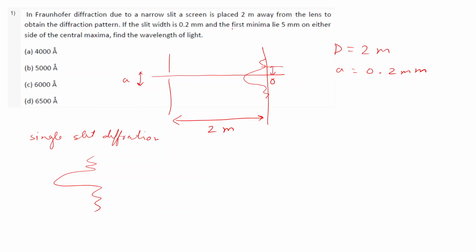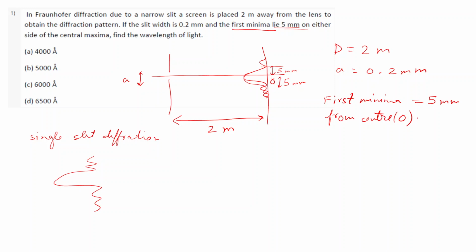In the question we have been given that the first minima lies 5 millimeter on either side. The first minima is at equal distance on both sides. Just because I am drawing by rough hand, it looks shifted, but it's symmetric. So on both sides the first minima is at a distance of 5 mm from the center O.